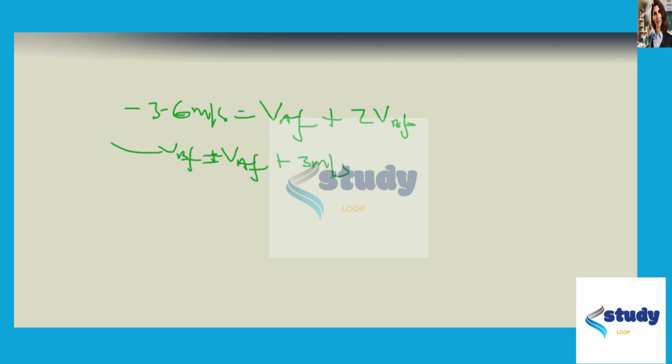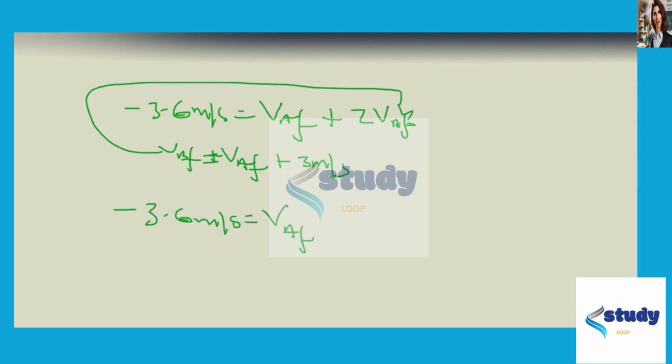So we want to plug in the final velocity of B right there. We end up with negative 3.6 meters per second equals VA final plus twice the final velocity of A plus 3 meters per second.